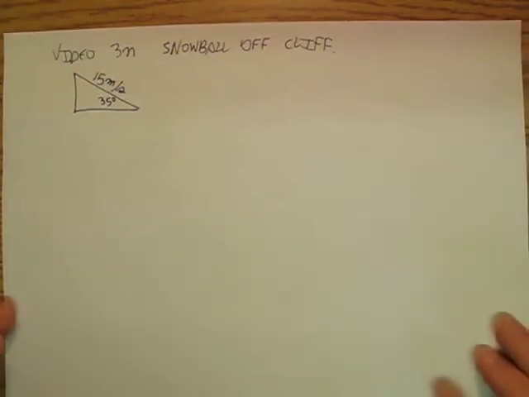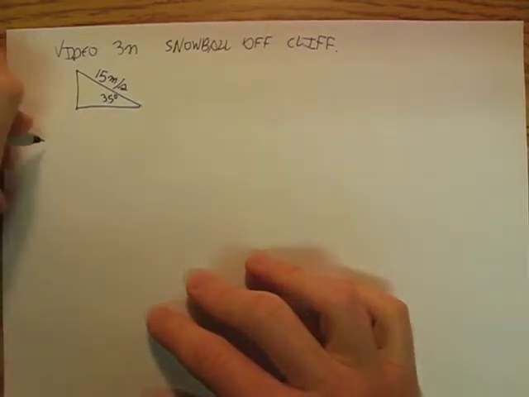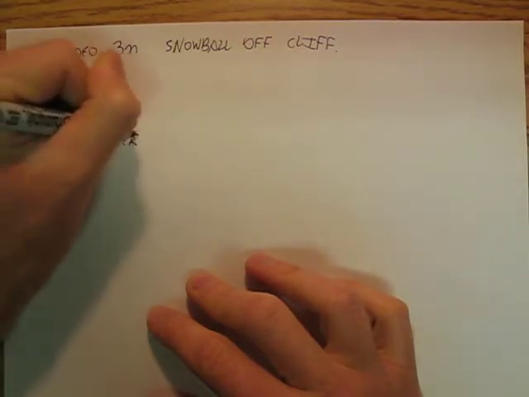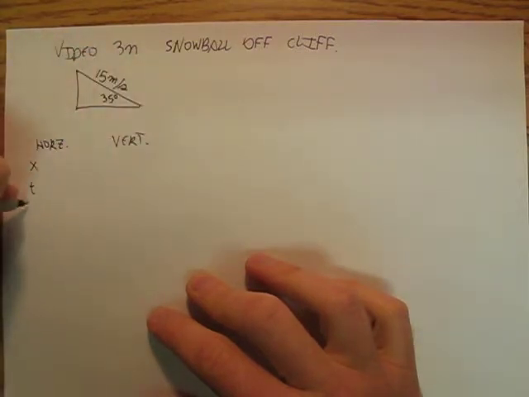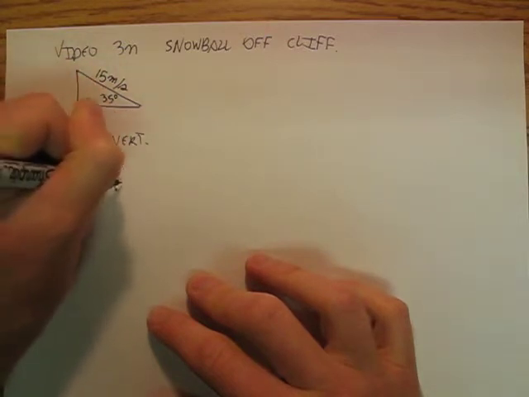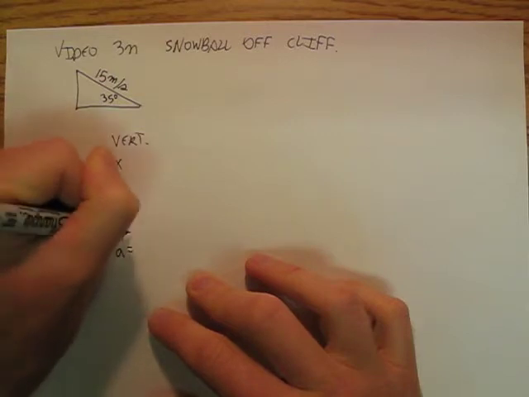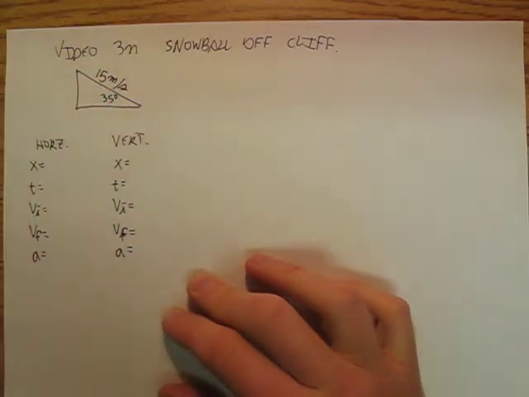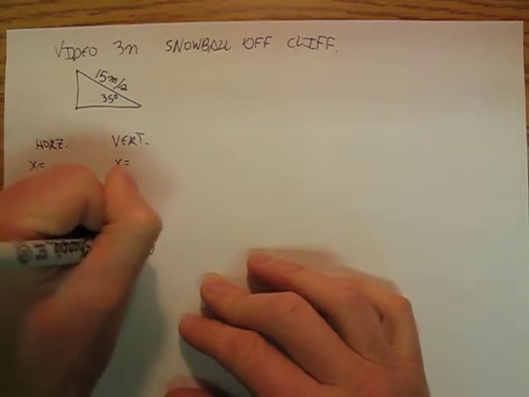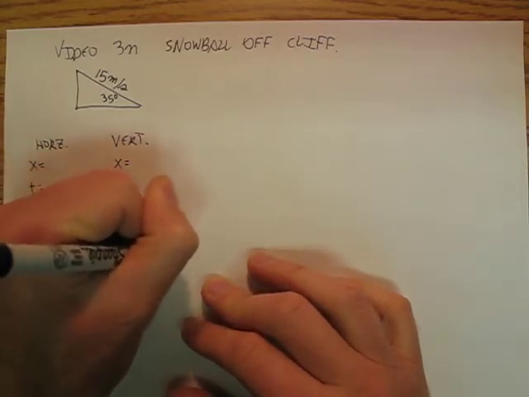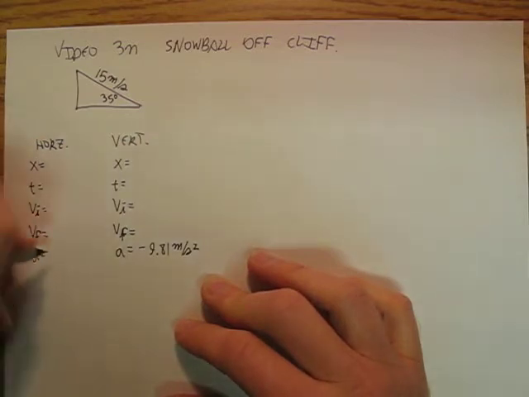Okay, so now if I have my horizontal chart and my vertical chart, I know that my vertical acceleration is negative 9.81 meters per second squared. I know that my horizontal acceleration is 0 meters per second squared.